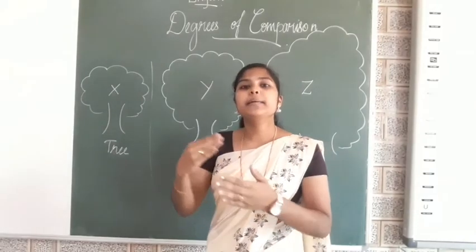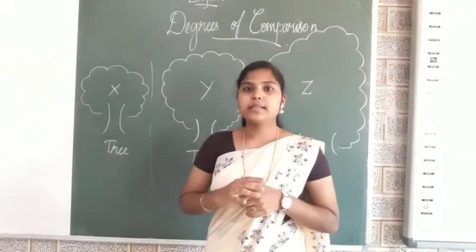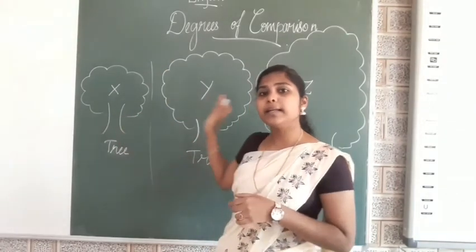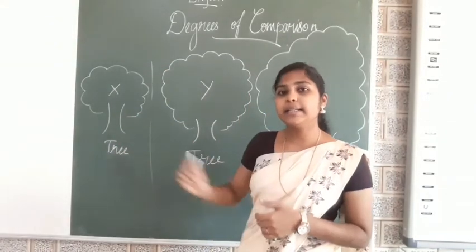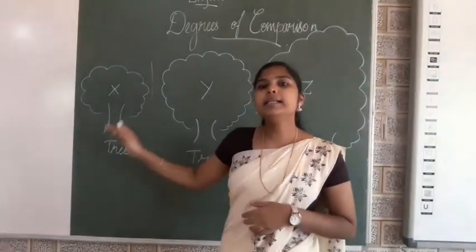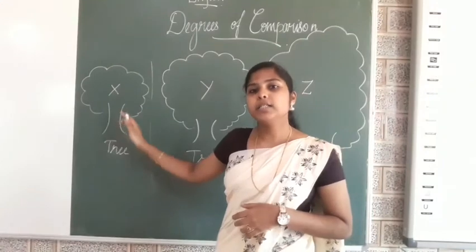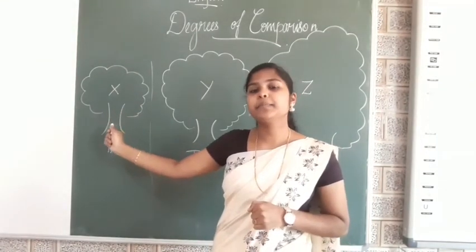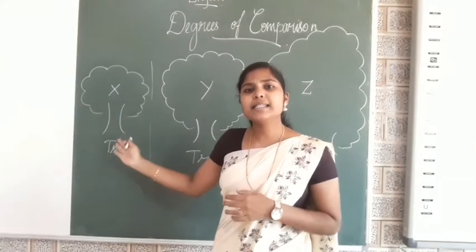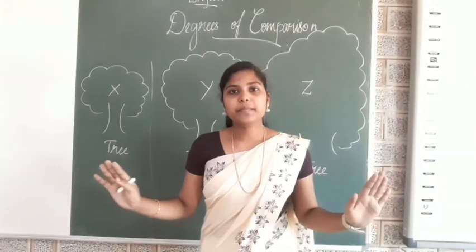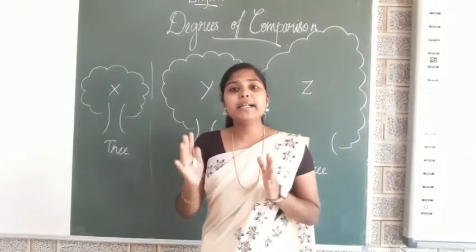Here we are comparing two things. At first, I did not compare this tree with any other trees. Did I compare this tree with anything? No. I said this is a large tree, or X. Now we have given its name as X, isn't it? So, I am saying X is a large tree without comparing anything. So, what is the adjective here?